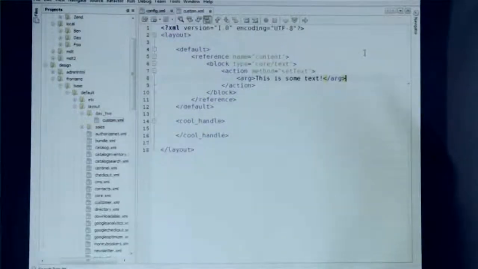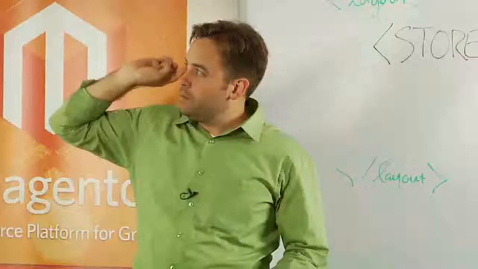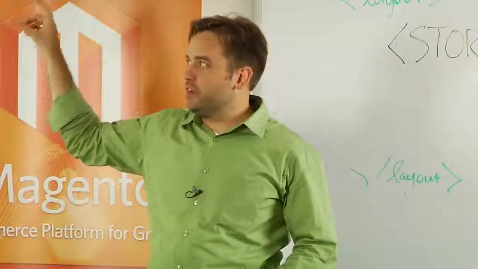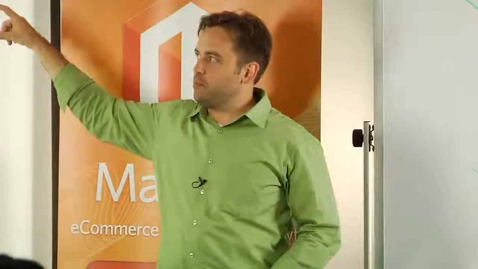We're referencing the content block, which happens to be defined in another default node. And we're basically saying, take our block instructions and add those to that. Basically make our block a child of the content block.